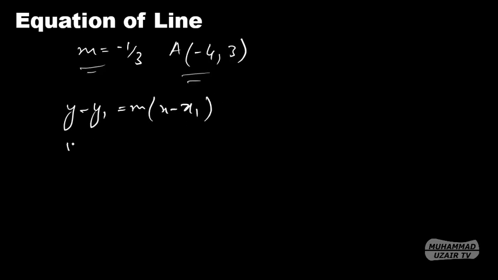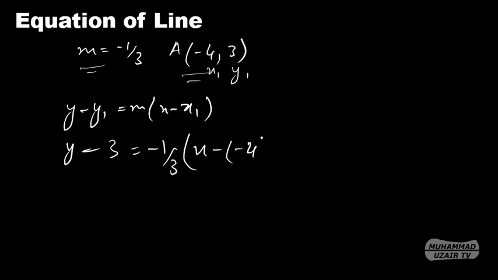By putting values, this is y1, this is x1, so y minus 3 is equal to m, minus 1 over 3, times x minus -4.